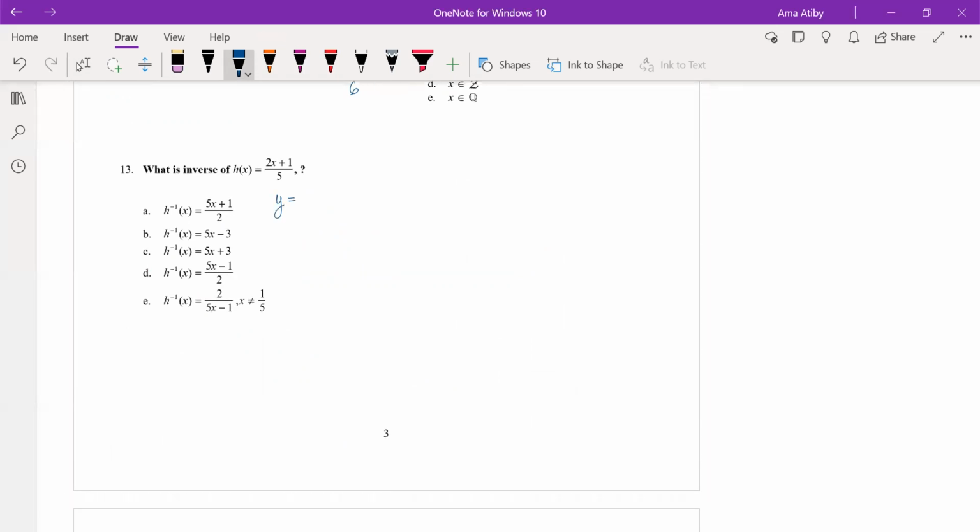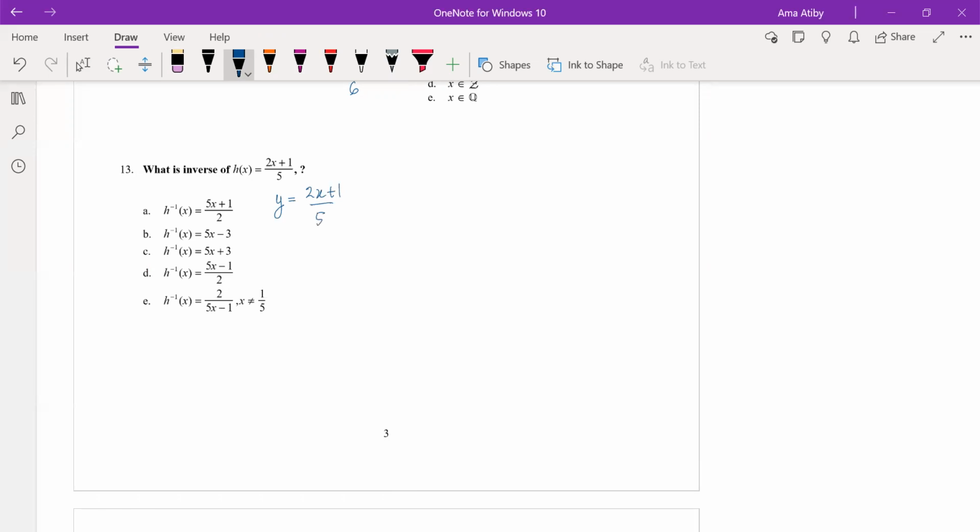No matter the function is this, if it is g of x, h of x, you can also have h, k, whatever. But in the name of the function, you can just write as y. So 2x plus 1 over 5.